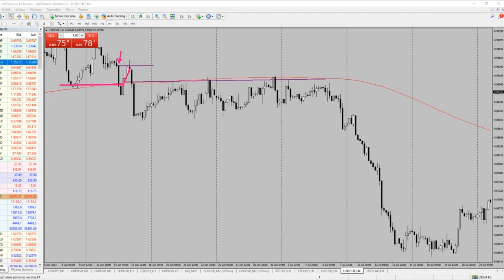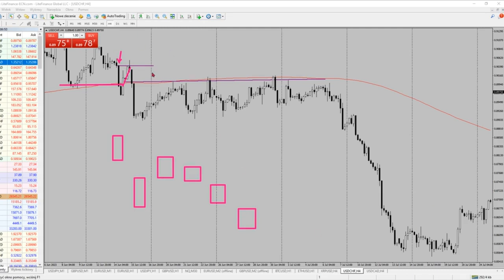If you know the usual approach to a gap, very often the market tries to close the gap before continuing in the direction of the gap. That's very usual. That's point number one.